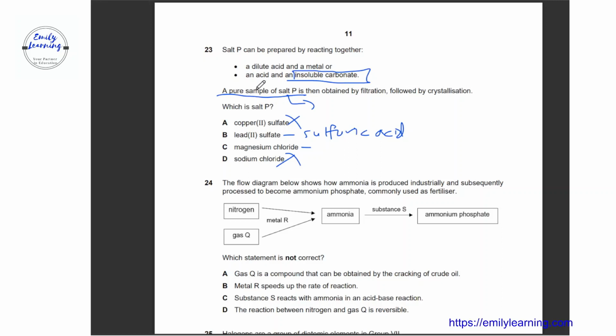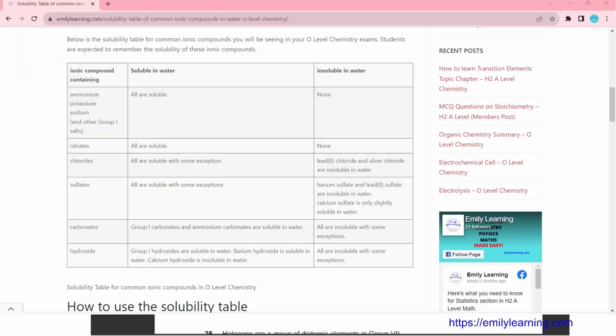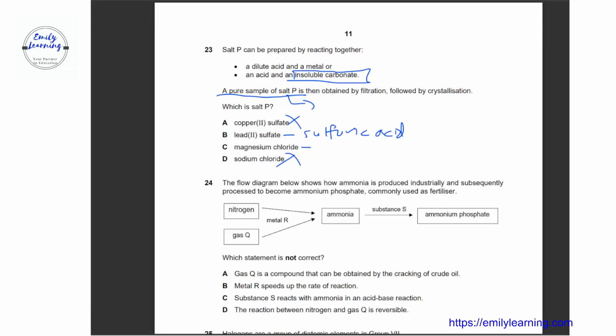So in other words, this P is in the salt solution, so it must be soluble. So what do we know about lead sulfate? Lead sulfate is insoluble. If you take a look at this, lead 2 sulfate is insoluble in water. So therefore, if it is lead 2 sulfate, then it will not be a solution.